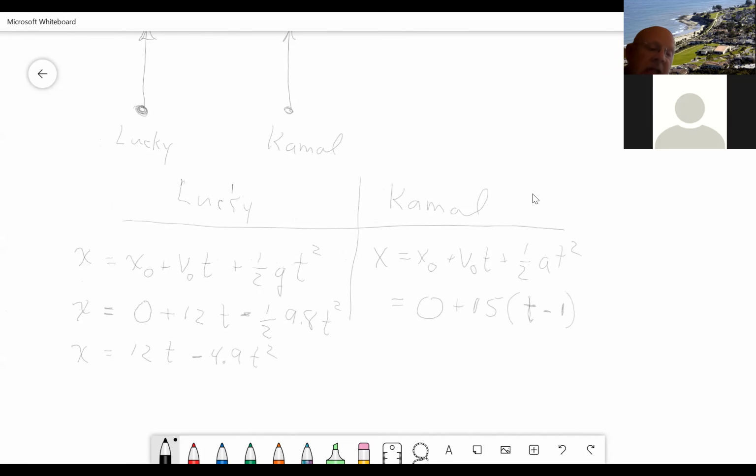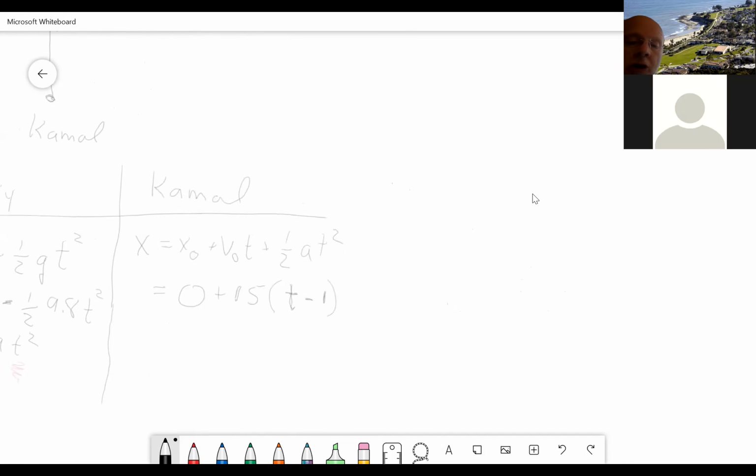So if I use t in my equation, as I did back here, and I don't know if this was a hard part for you, but in general, when I've worked with students in the past, this is where they get themselves into trouble, keeping track of the time. When I first did Lucky, t was the time since it was released from Lucky's hand. So if you continue to let t represent the time since it left Lucky's hand, what you need in this whole equation is t minus 1.